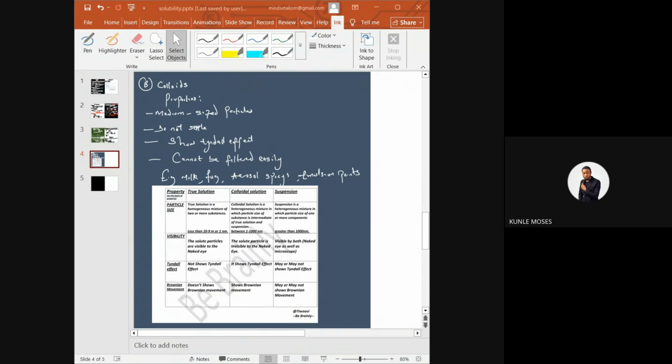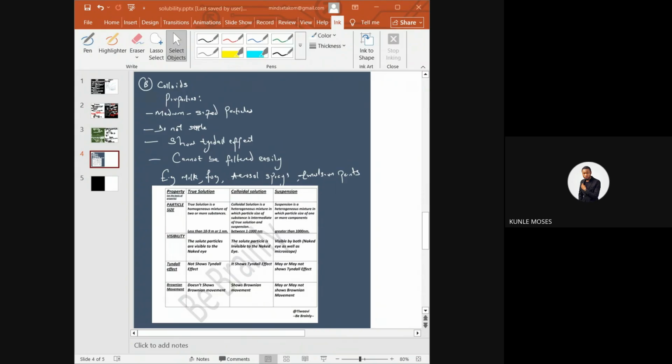You can just write it in terms of size. So which one is larger?